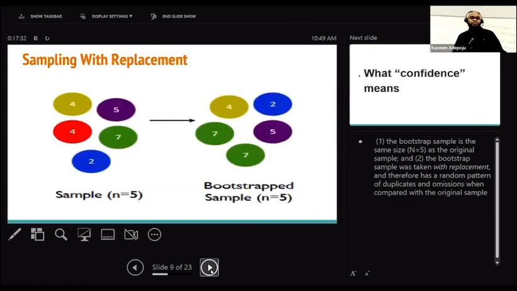I'm going to show you an example now. Let's say these are kids, aged 2, 4, 4, 5, and 7. How many samples do I have? 5, right? Now, I want to produce several versions of that particular sample. This is one version of it.